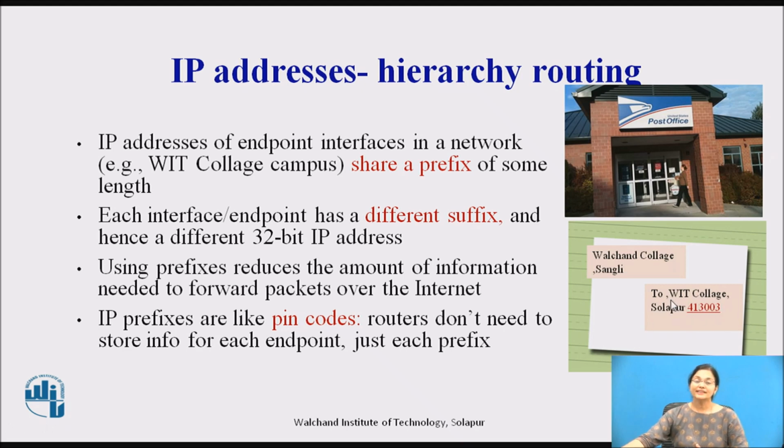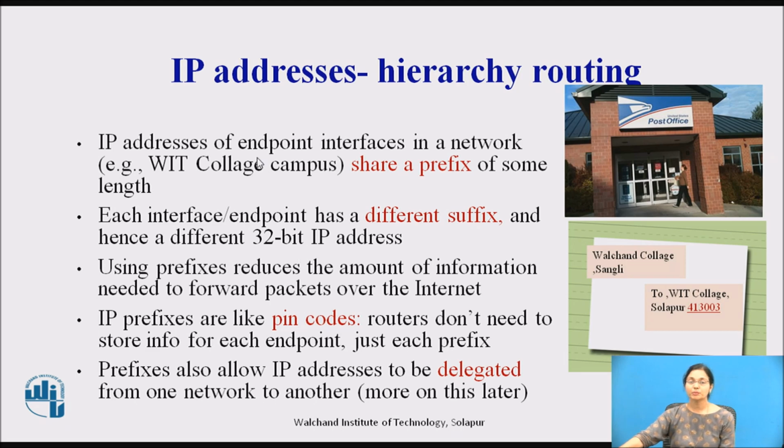Here the destination address is the important address, and it will consider the pin code address. In the same manner, we are going to use the IP addresses, like the pin code address is identified by the post office. The IP address has first the network part, and the remaining part is the host part.